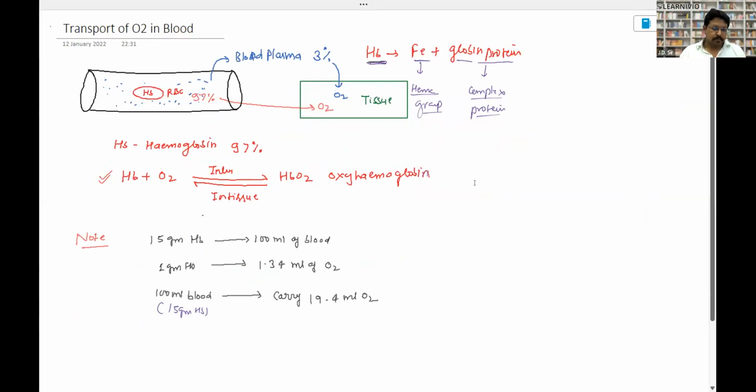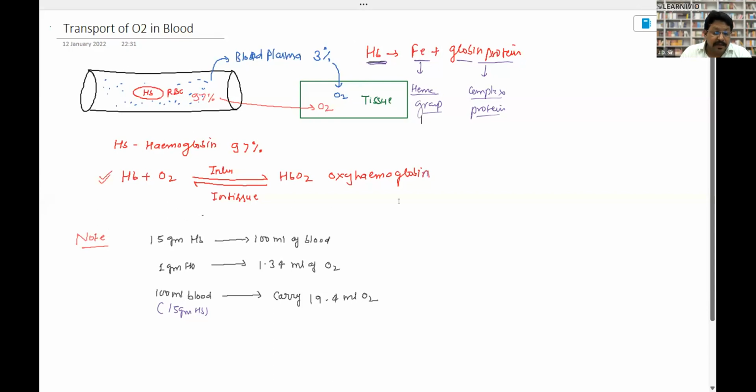Look, hemoglobin makes a bond with oxygen, right? So 97% of oxygen is transported through hemoglobin. It makes HbO2, that is called oxyhemoglobin. It is transported. The rest 3% is dissolved in the blood plasma, and it is transported to the tissue through the blood plasma.